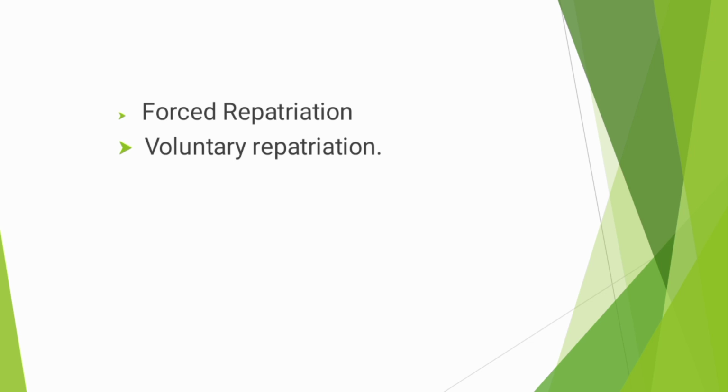Zambia can deport you back. That deportation is referred to as forced repatriation. But sometimes, as an alien, you can go back to your own country just for some personal reasons. You just want to go back. It's not forced. That one is called voluntary repatriation. Voluntary, just on your own, you want to go back. So differentiate forced repatriation from voluntary repatriation.